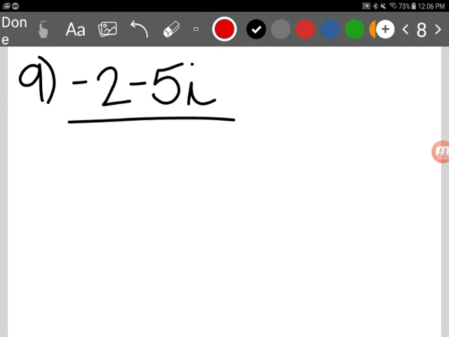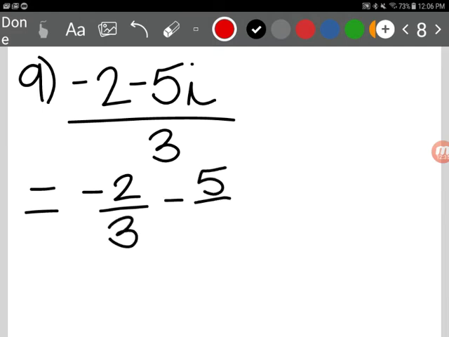Let's just do a few examples of these to make sure you understand the concept. I want to start with number 9 on page 64. Number 9 says, find the real and imaginary part of the complex number. I have -2 minus 5i over 3. I'm going to rewrite this and say -2 over 3 minus 5 over 3i.